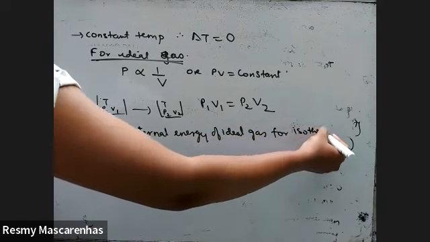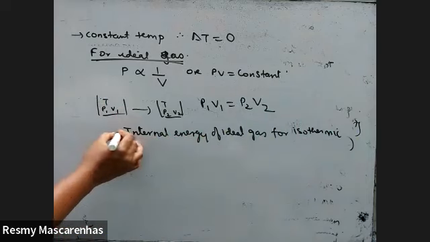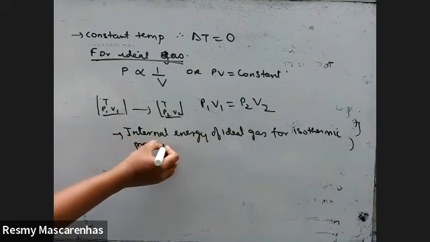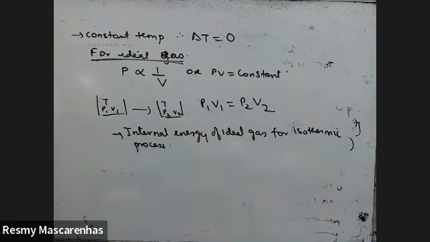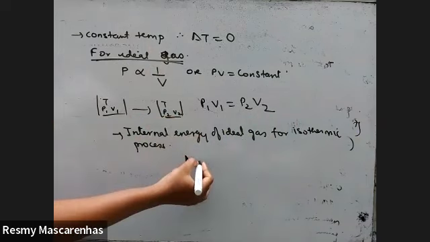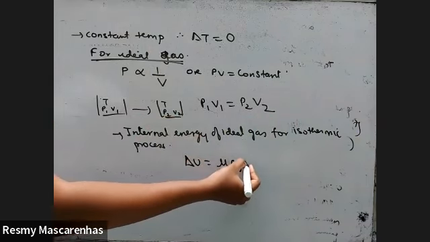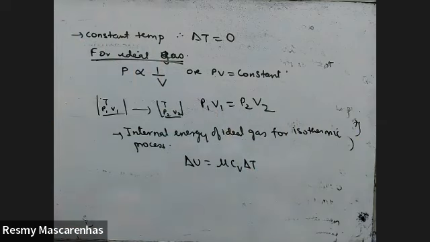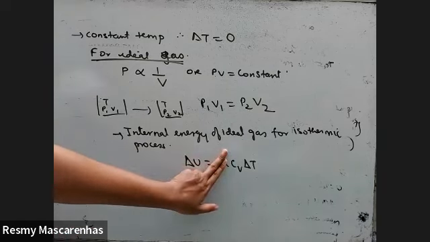For an isothermal process, the internal energy will be given by the same previous formula, mu Cv delta T, at constant volume. If you are using 1 mole of gas, then the mu will go.